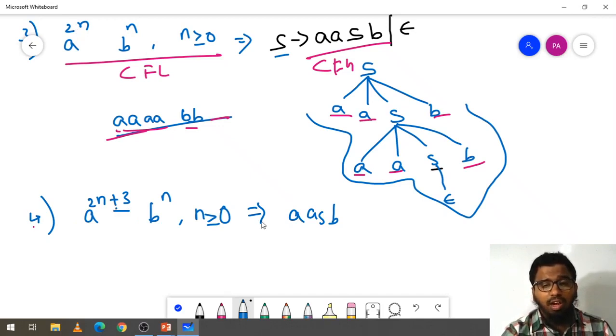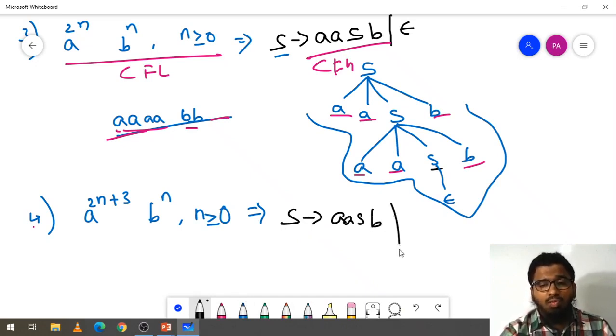For that, I will change the color. S gives AASB. Then now we need to work for the 3. For 3, a to the power of 3, that means A, 3 times we need to write.